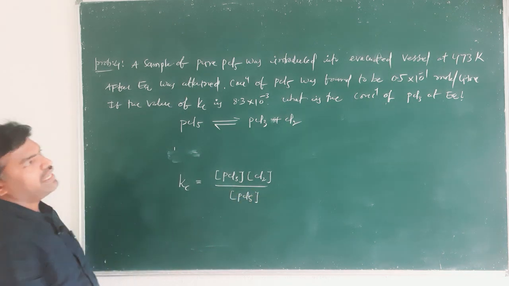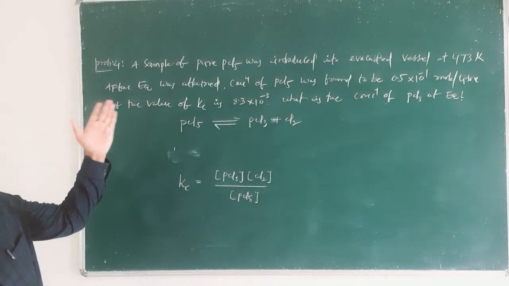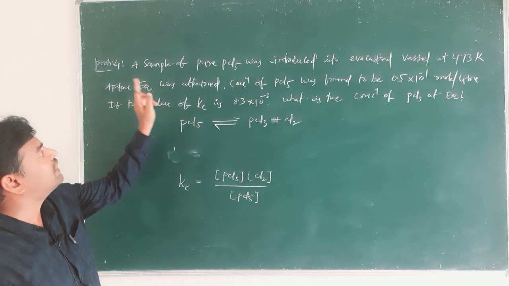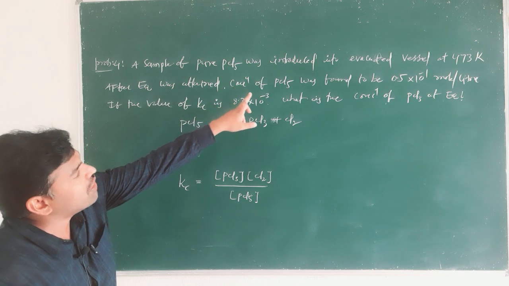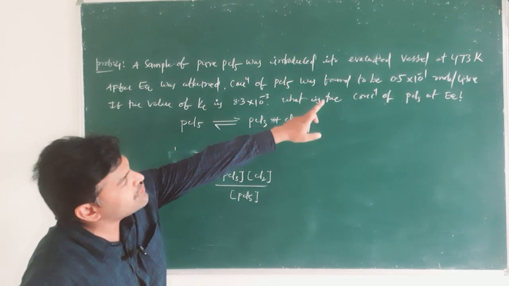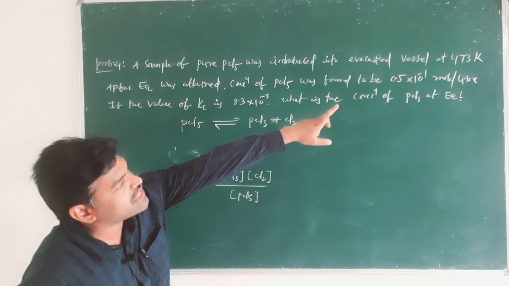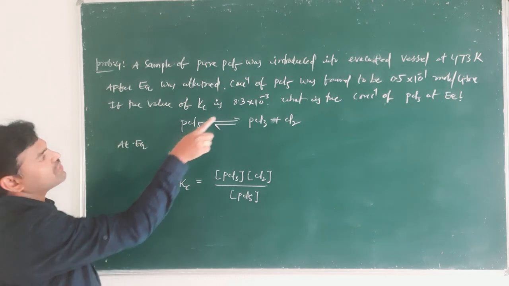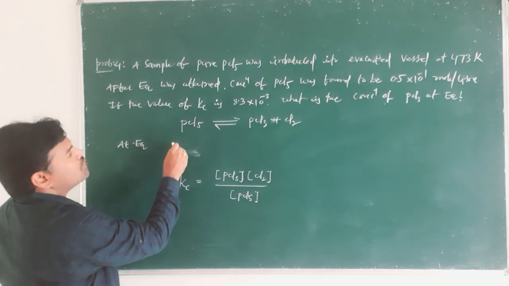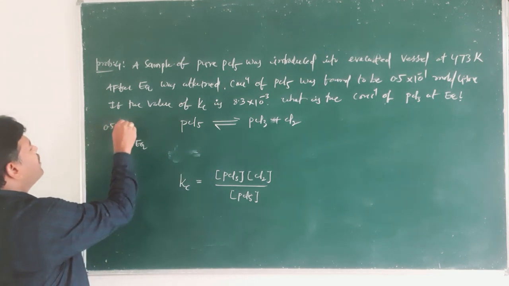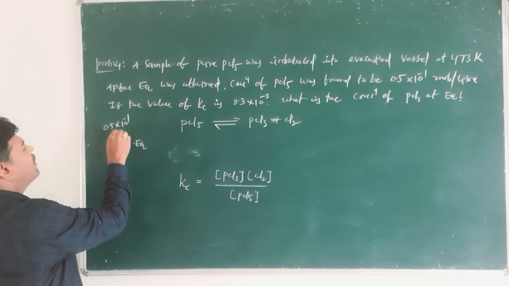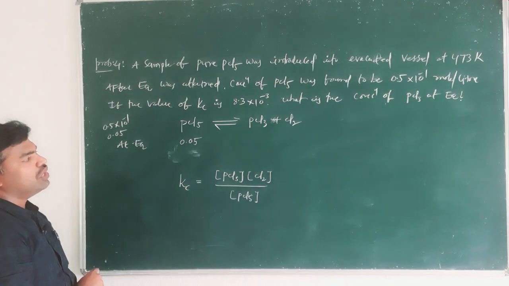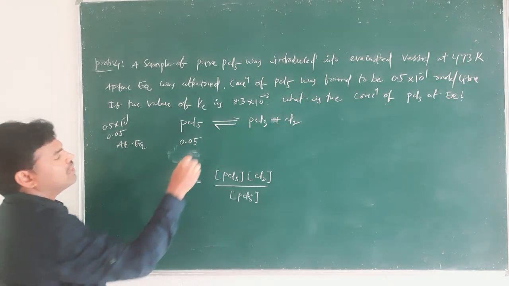What they gave is that after the equilibrium was attained, the concentration of PCl5 was found to be 0.5 into 10 power minus 1, that is 0.05 moles per liter at equilibrium.